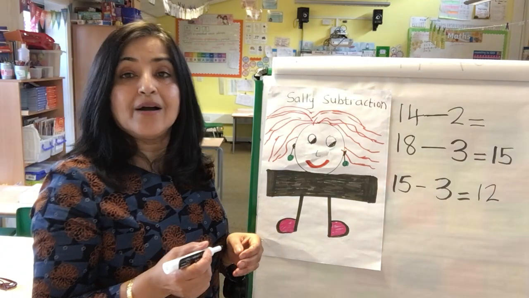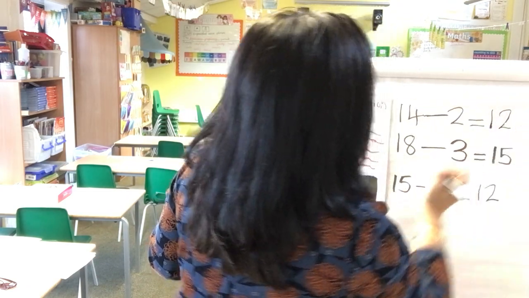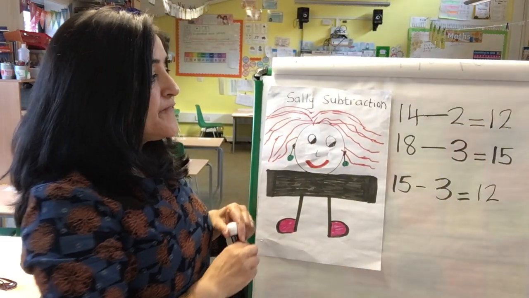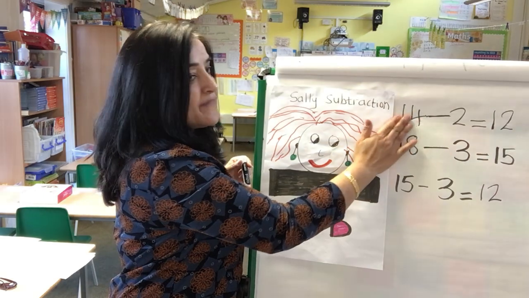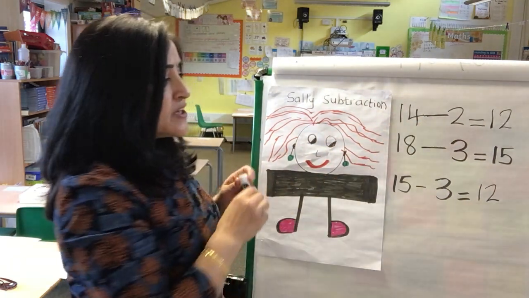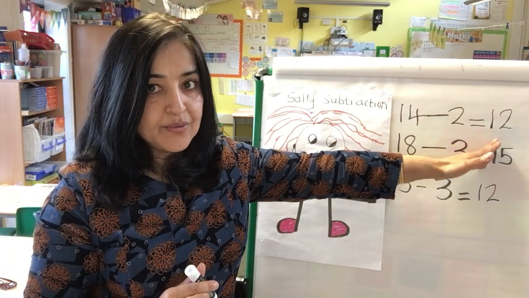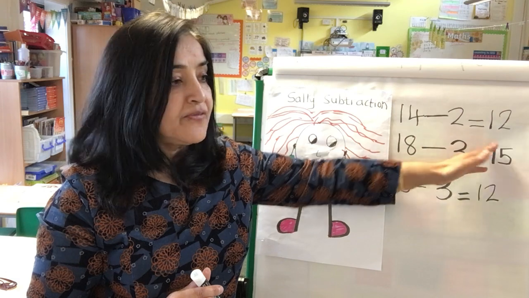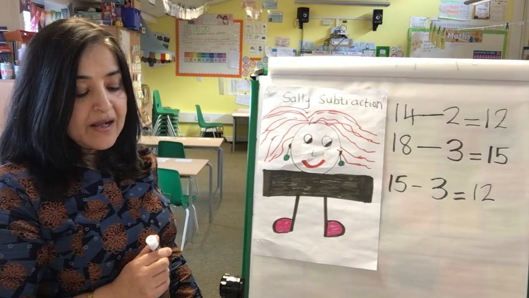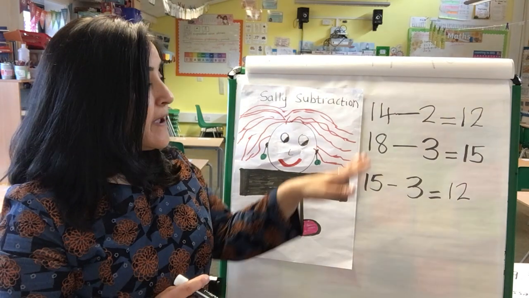How do we write 12? 12. So first, there were 14 oranges. Then Sally Subtraction took 2 away. Now there are 12 oranges. Let's go through the next equation.